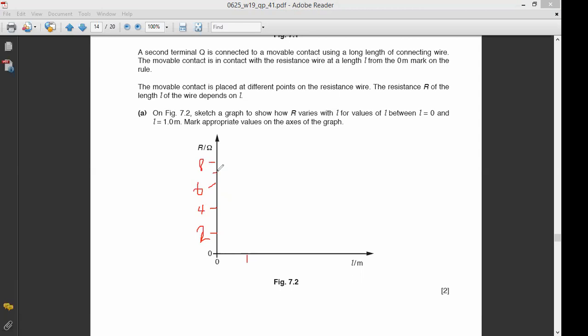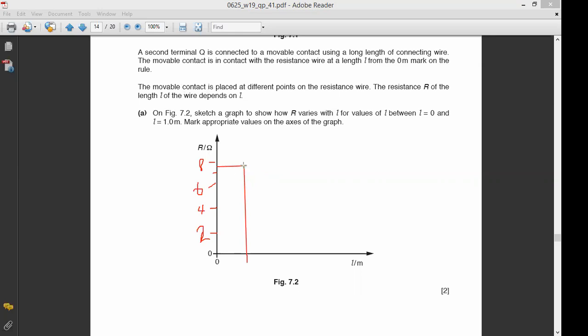So 7.6 is somewhere here, right? Mine may not be as straight as that. If this is 7, for example, then my 7.6 should be somewhere here, right? Yes. So I bring this down.